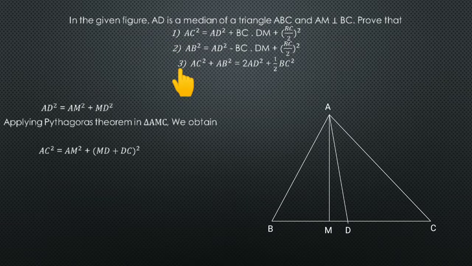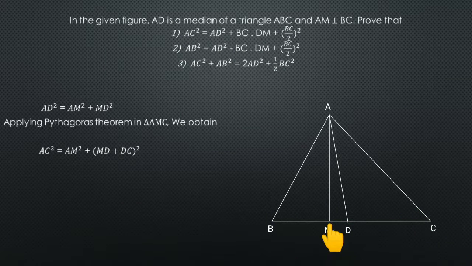Now first of all we have to prove the first result: AC square is equal to AD square plus BC into DM plus BC divided by 2.